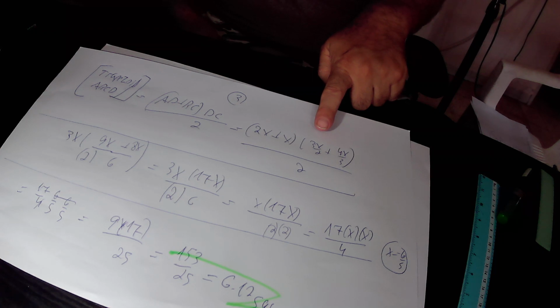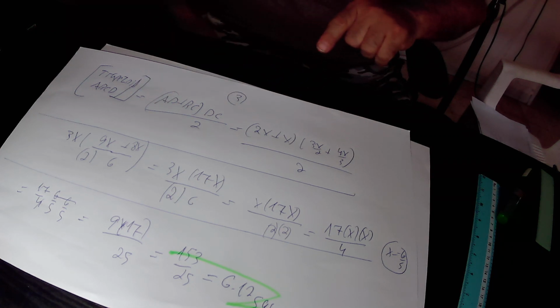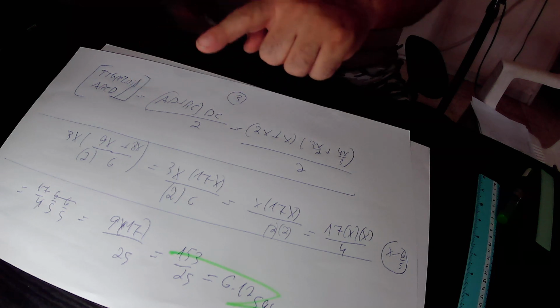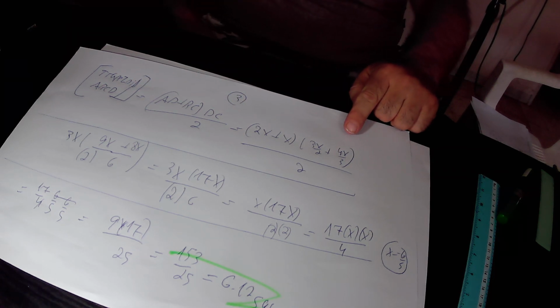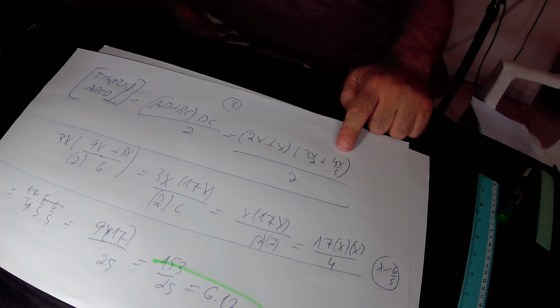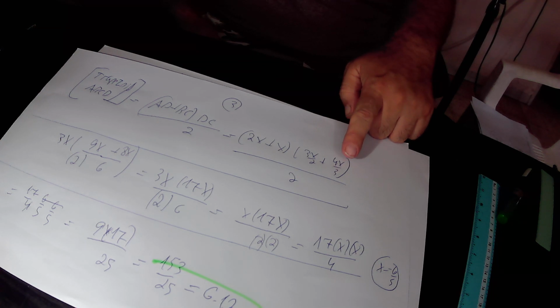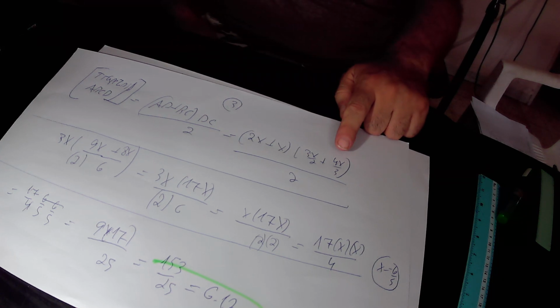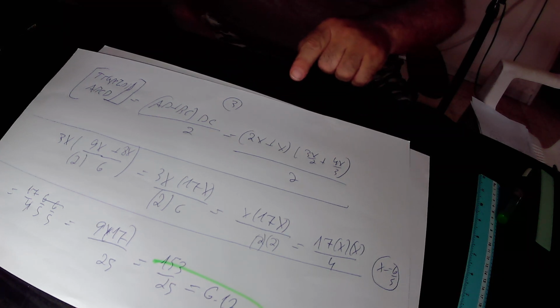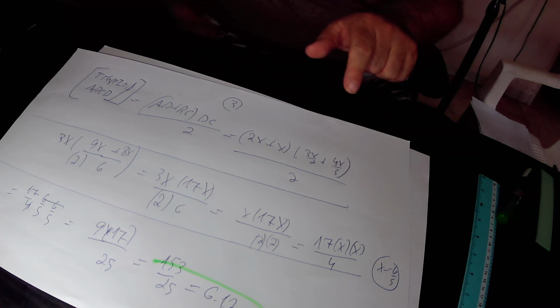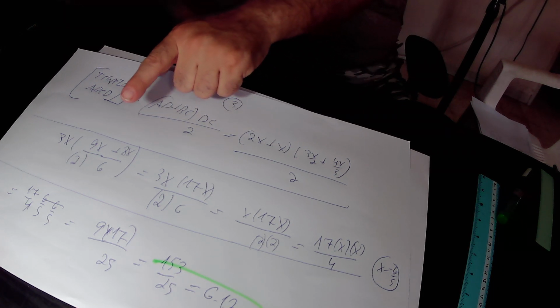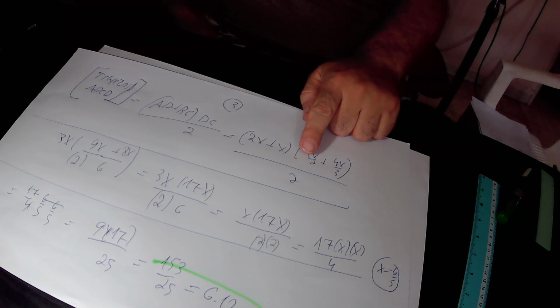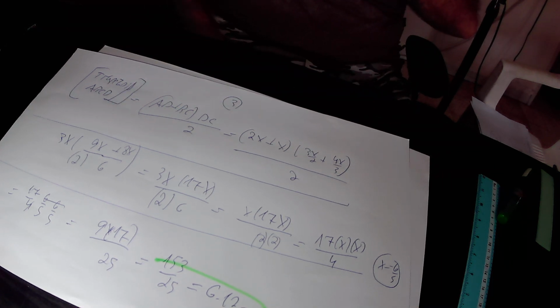So 3x times 3 is 9x, and 2 times 3 is 6. And we multiply the second expression by 2 and then divide it by 2 in order to get a common factor of 6. So 4x times 2 is 8x, and 2 times 3 is 6. So in total, this expression equals 9x plus 8x divided by 6. And we have to divide it by 2. Okay?